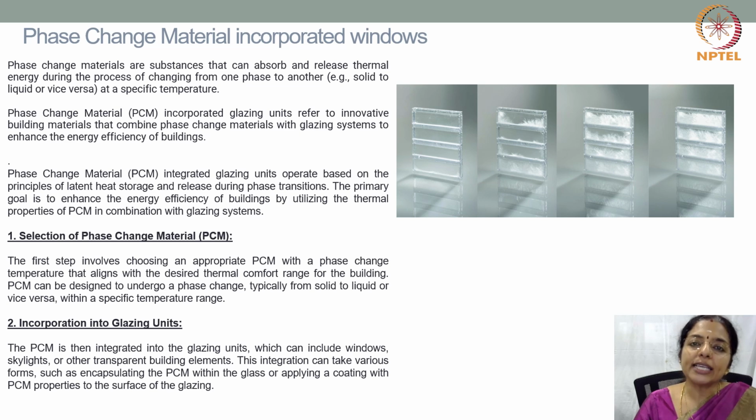So phase change materials are these substances that will absorb and release thermal energy during the process of changing from one phase to another. For example, from solid to liquid or vice versa at a specific temperature.